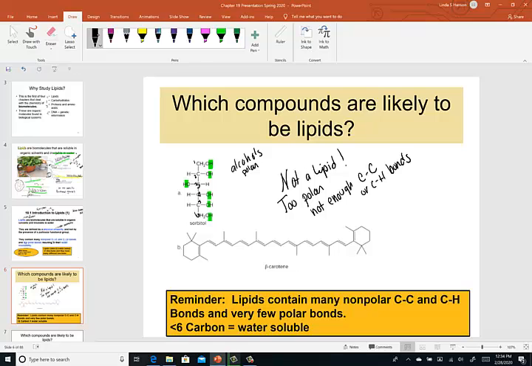But what about beta-carotene? Well, my goodness, I don't see any polar regions in there at all. All I see are carbon to carbon and carbon to hydrogens, which makes this whole molecule very boring and very nonpolar. So yes, beta-carotene would represent a structure that's classified as a lipid.